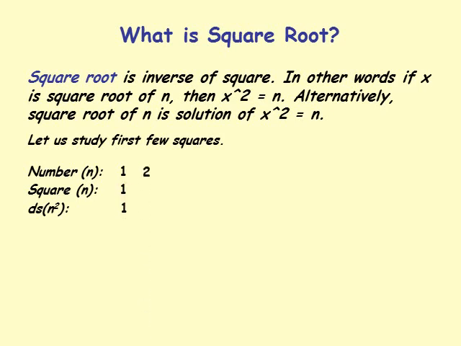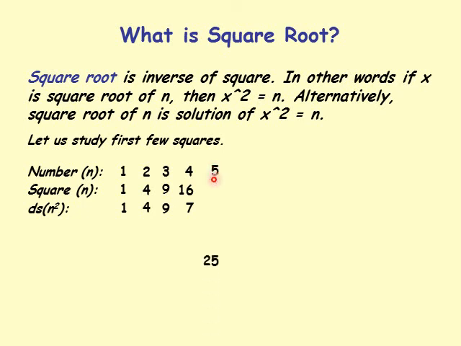The number is 2, its square is 4, and the digit sum of the square is 4. The number is 3, its square is 9, and the digit sum of the square is 9. Next, 4, its square is 16, and 7 is the digit sum: 1 plus 6 is 7.